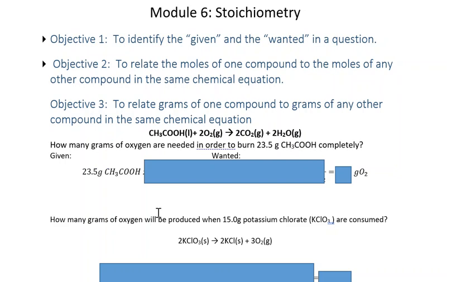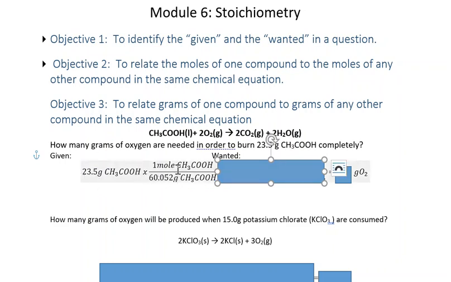And you guys have done that several times in simple calculations. The way you do that is you add up the molecular mass of this compound: 2 carbons, 4 hydrogens, and 2 oxygens, and you come up with a molecular mass of about 60. What that means is that if you have 60 grams of it, you have 1 mole.